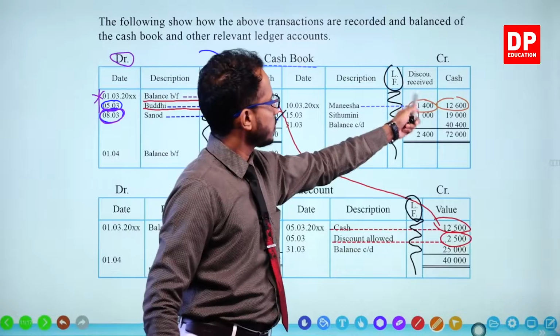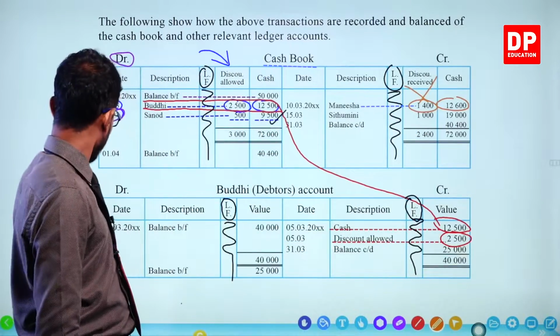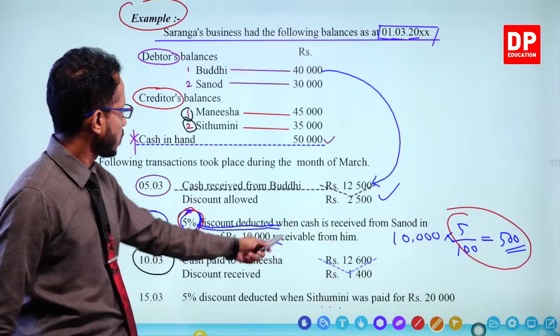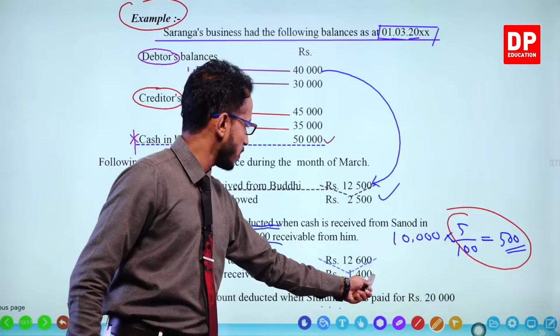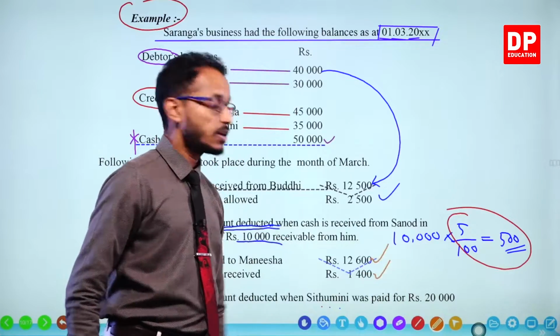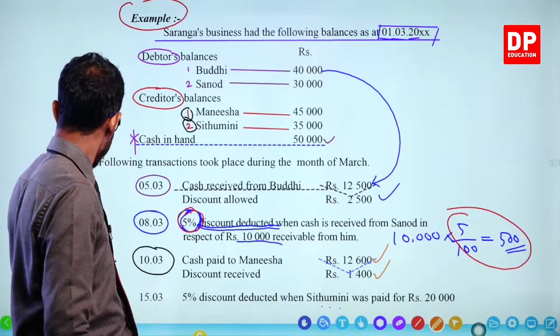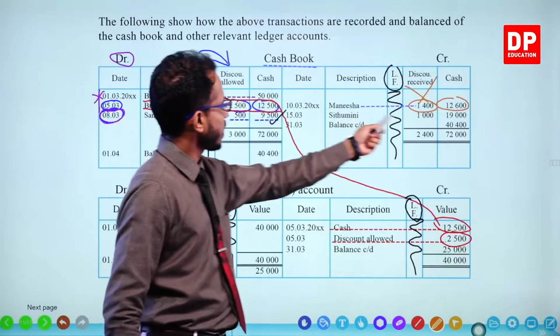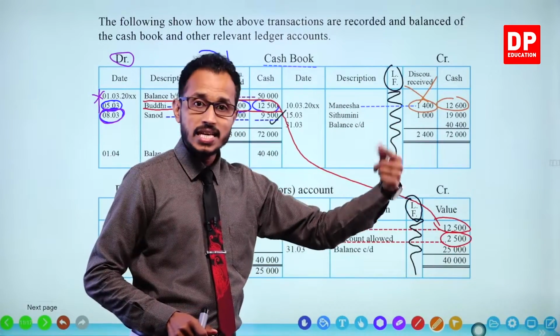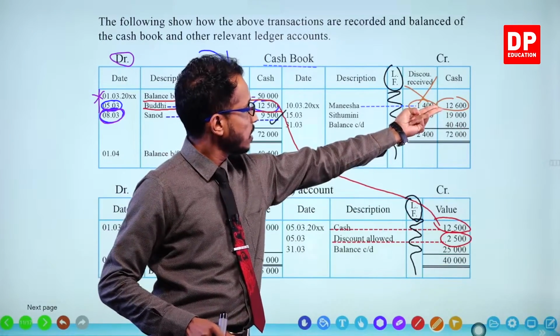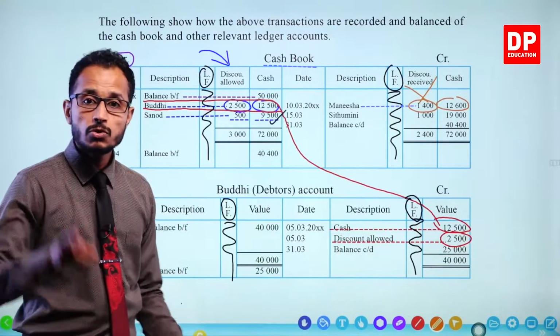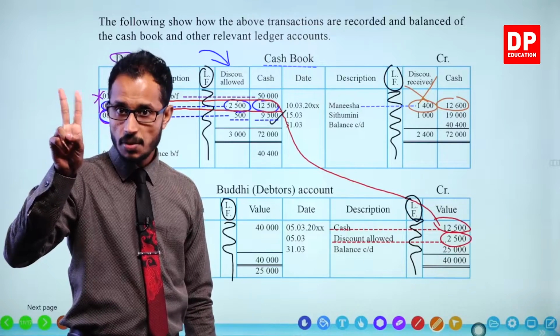This is the discount received. It is recorded because the cash going out is a credit in the cash book. And the double entry should go to Manisha's account.